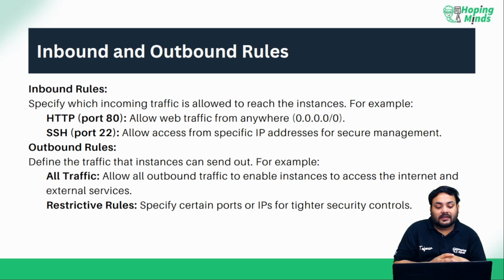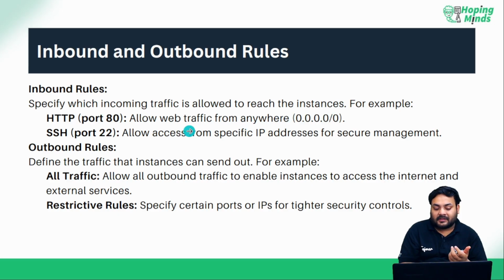The next thing is inbound and outbound rules, and these two are important. Inbound specifies which incoming traffic is allowed to reach the instance, so something is coming in. Let's suppose we have HTTP, where the port is 80, and it allows web traffic from anywhere.